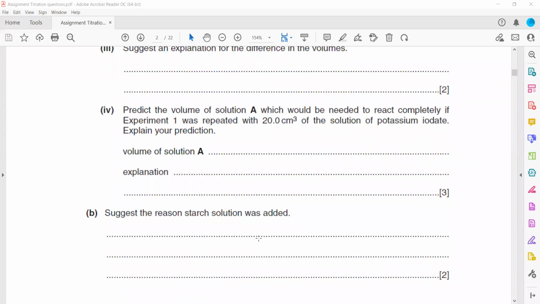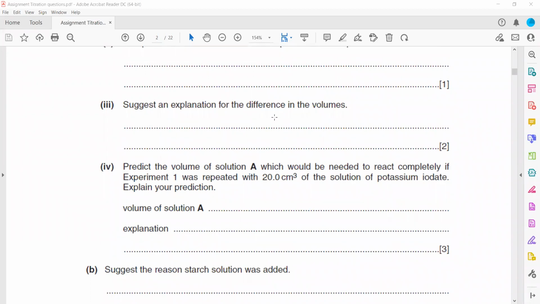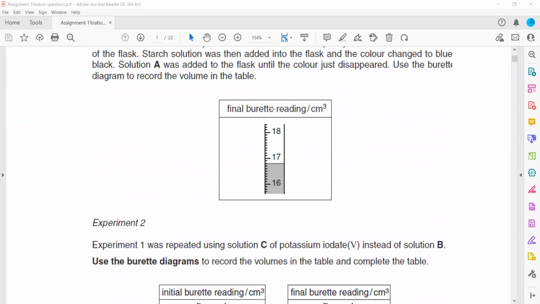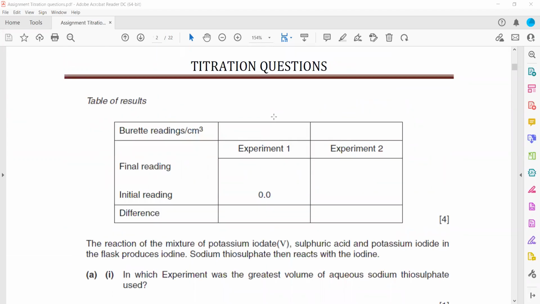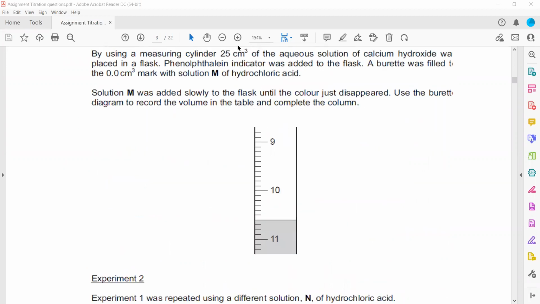Yes, the air is present, but what we need is how much liquid is removed from the burette. It's not how much liquid is present. The important thing is how much liquid is removed. So when the scale starts from the bottom, we just read the scale and know how much liquid has been removed. And when the scale starts from the top, we read the amount of air present, and that is the amount removed from the burette.